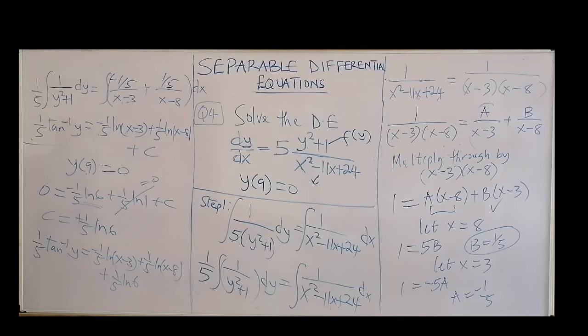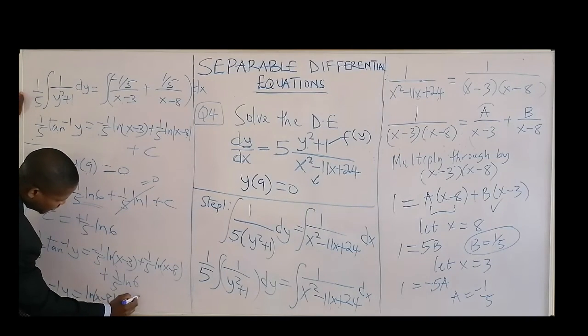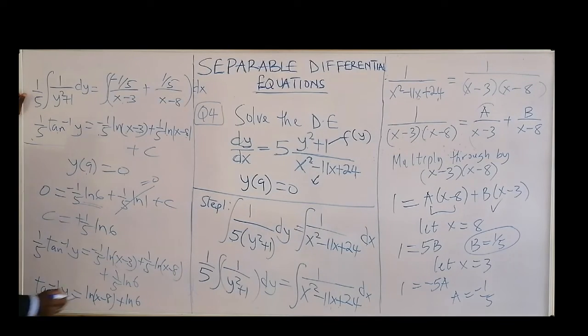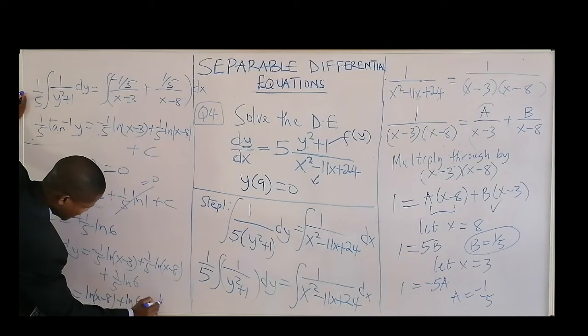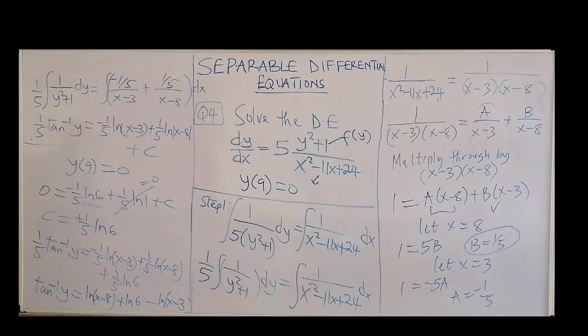Multiply through the equation by 5, so we have arctan y equal to, I'm going to put the positive forward, ln of x minus 8, then plus ln 6, and then minus ln of x minus 3. I just try to put the positive before the negative. So that's done. The only thing we need to do now is use the logarithm rules. We can stop there.